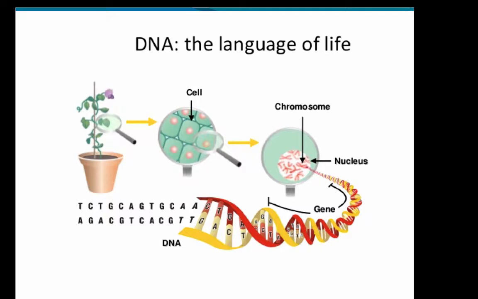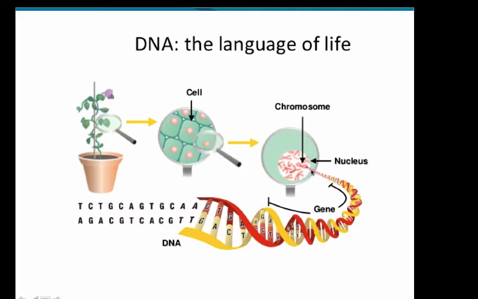So DNA very much is the language of life, and I hope you can get a good feel for the sequence and where DNA actually exists. If we have a plant here that is tangible, that's what we're most familiar with. Within that plant are contained cells. Those cells make up the tissue associated with the plant.